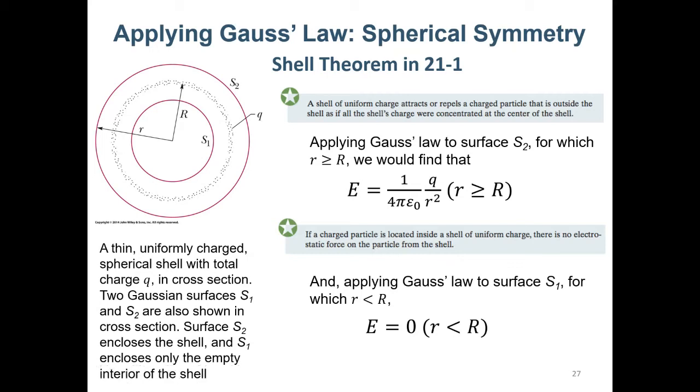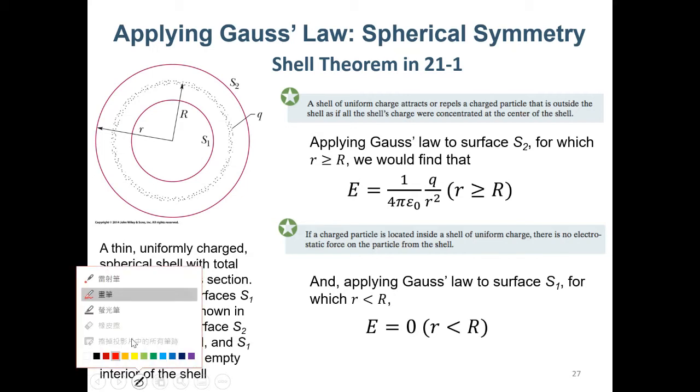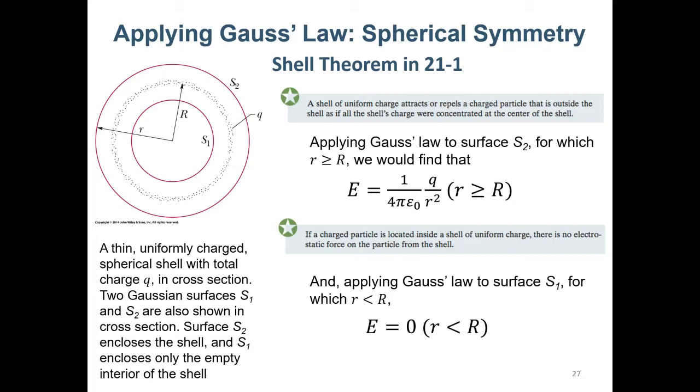The first statement of the shell theorem is that a shell of uniform charge attracts or repels a charged particle that is outside the shell as if all the shell charge were concentrated at the center of the shell.